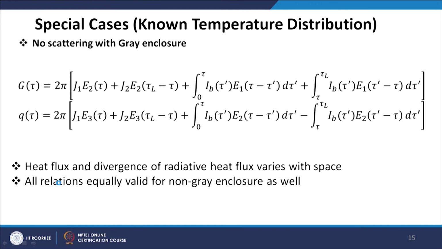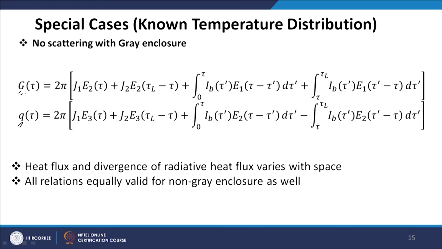This is if the temperature is known; that was the case when the temperature was not known and we assumed radiative equilibrium, like the furnace example. The solution becomes difficult due to the involvement of an integral equation, but if the temperature is known, then we can solve directly for heat flux using this equation, and for incident radiation G using this integration, and the solution is relatively simple.